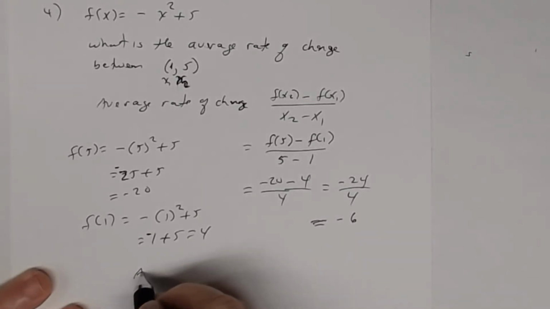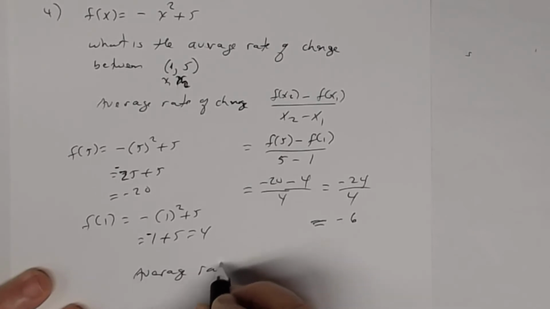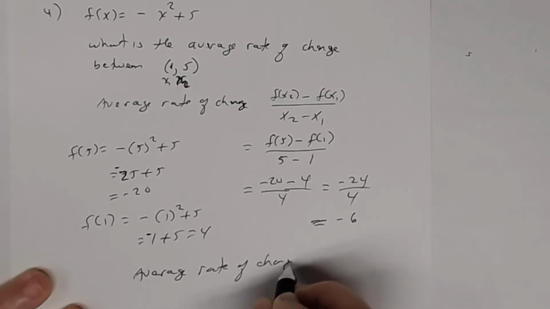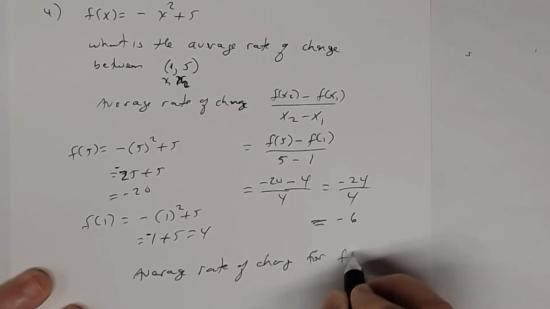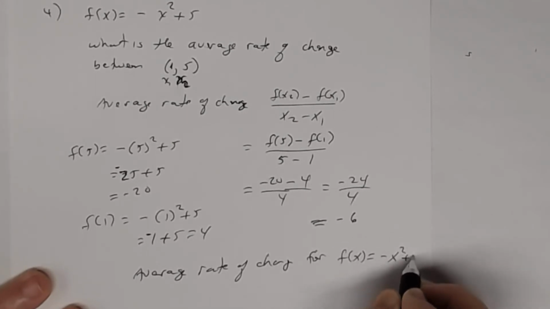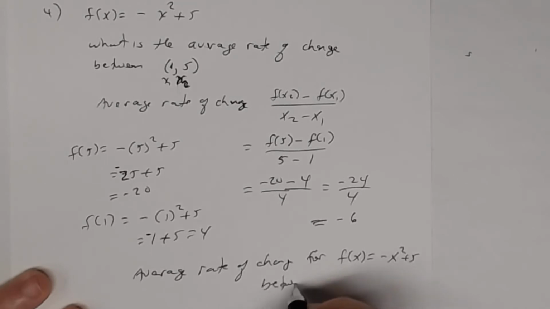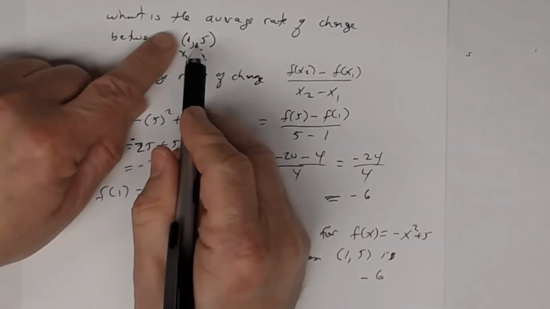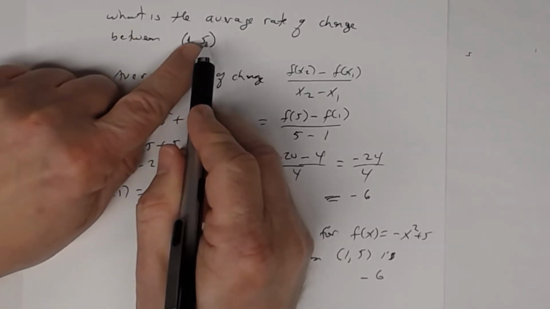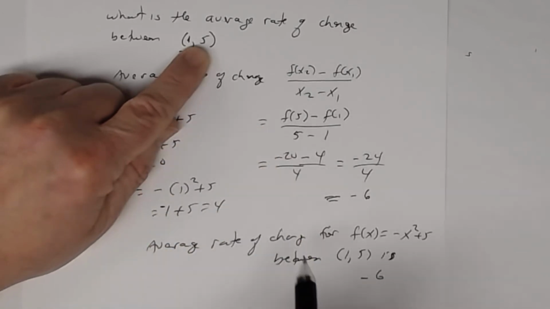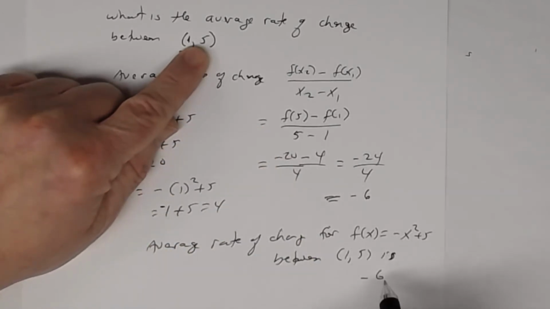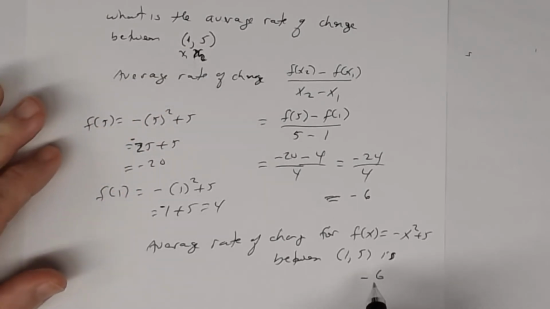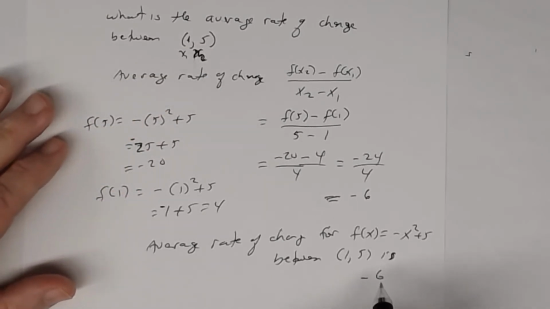So the average rate of change for f of x, which equals negative x squared plus 5, between 1 and 5 is negative 6. That's what we found. Okay, so that means that when x goes from 1 to 2, from 2 to 3, from 3 to 4, from 4 to 5, my y value is decreasing by 6. So you see negative 6, that means my y value is decreasing by 6. That's what that means.